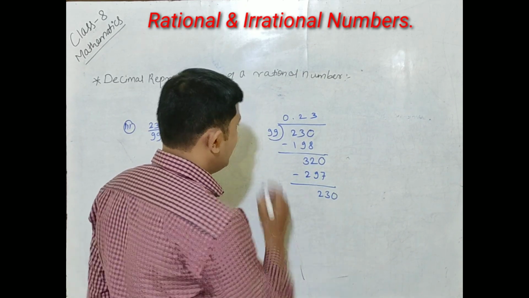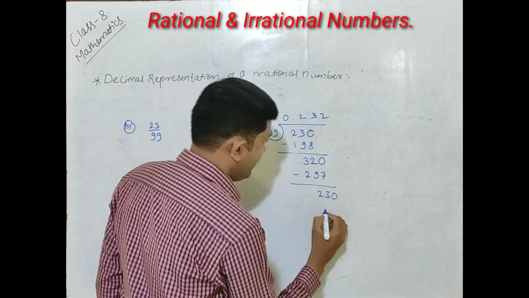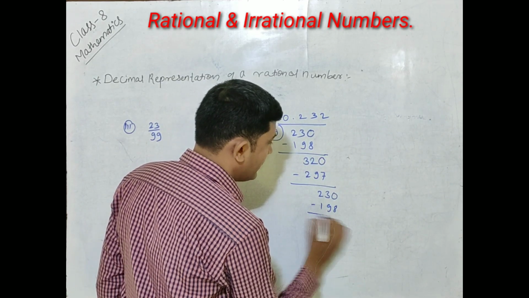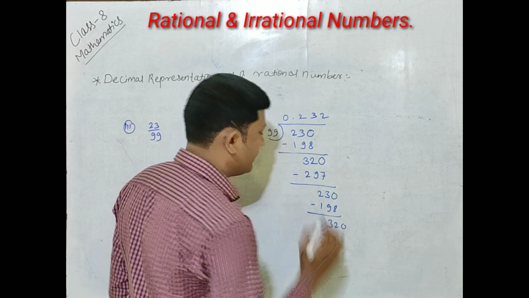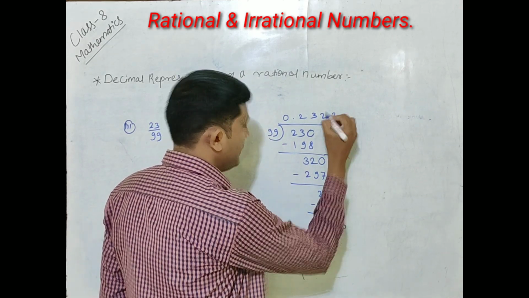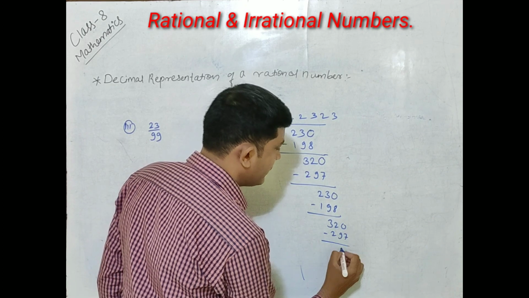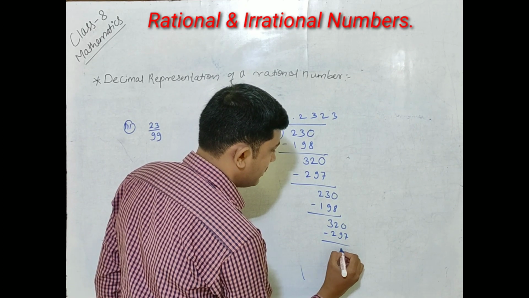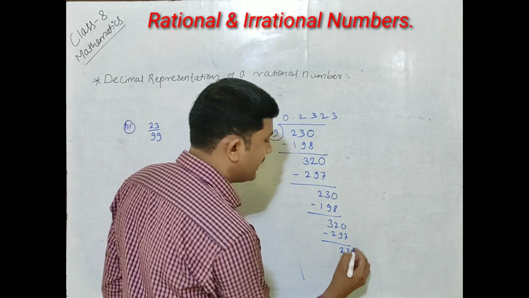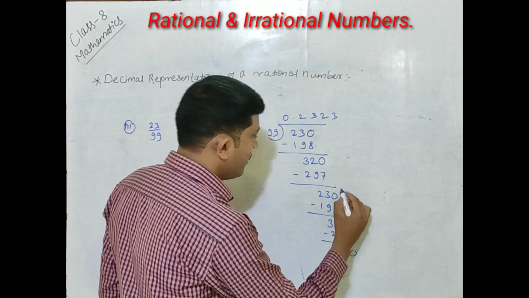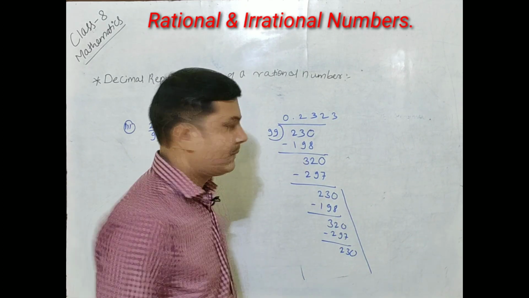Take 1 0. 99 2s are 198. Remainder is what? 32. Take 1 0. 99 3s are 297. Remainder is what? 23. Take 1 0. Means from here it is again repeating.